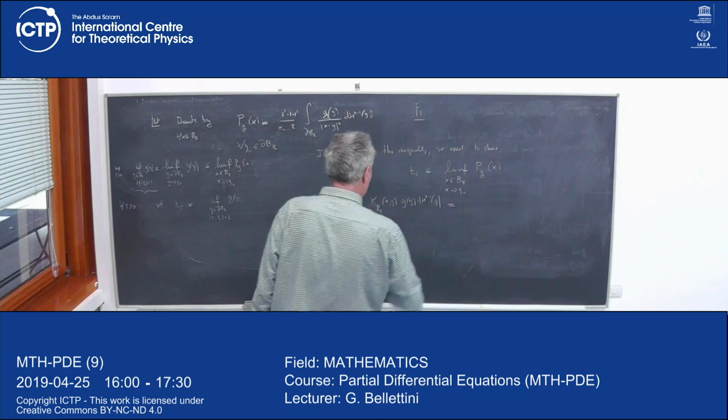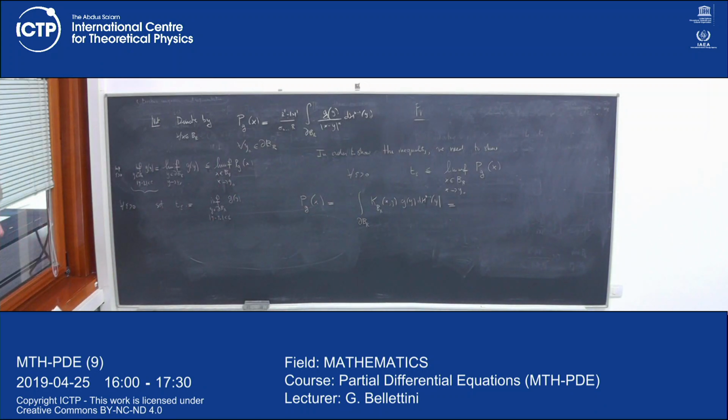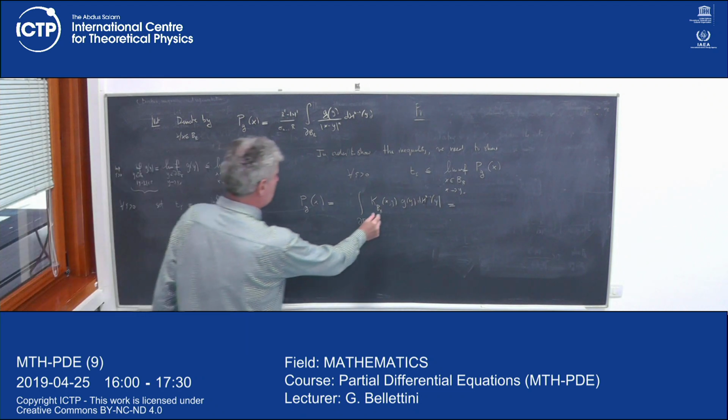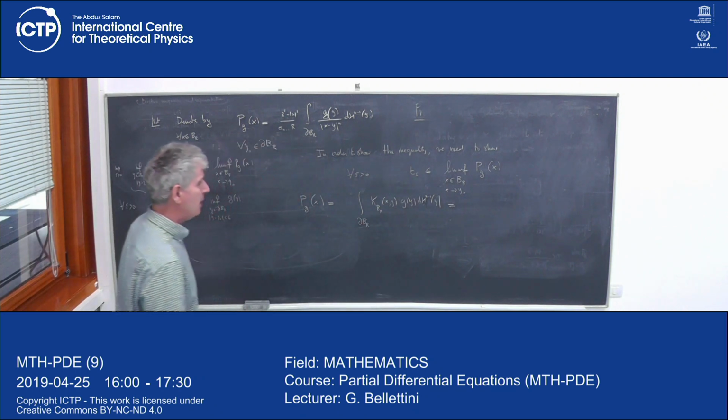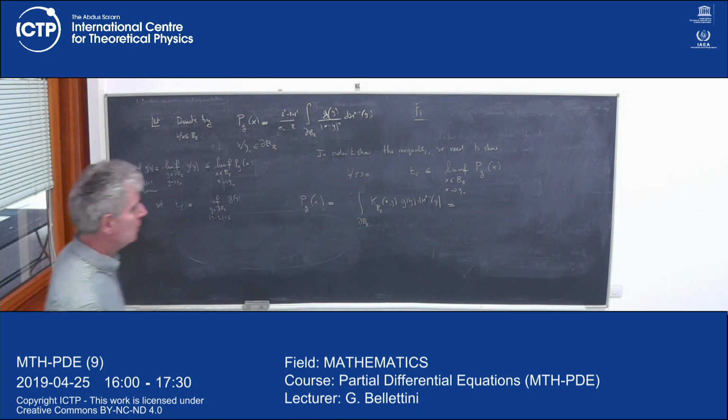The idea is that we have a singularity at y naught as soon as these two objects become equal to y naught. So it's natural to isolate when I'm close to y naught and when I'm far from y naught.